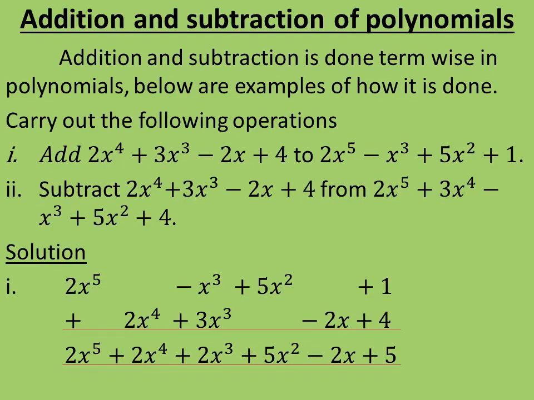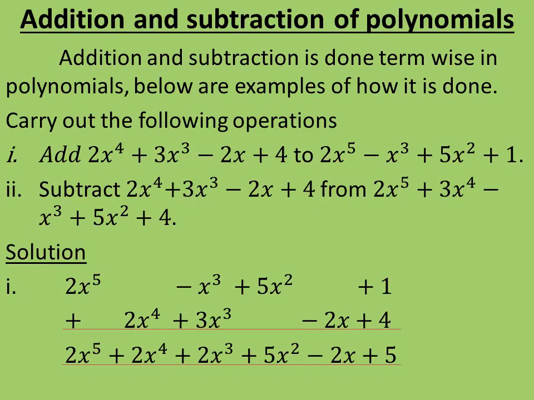Actually, they both have the same powers, which is x raised to power 3. So since they both have the same variable with the same power, what you are going to do is just add the coefficients, that is minus 1 plus 3. Minus 1 plus 3 will give us plus 2. So minus x cubed plus 3x cubed will also give us plus 2x cubed.